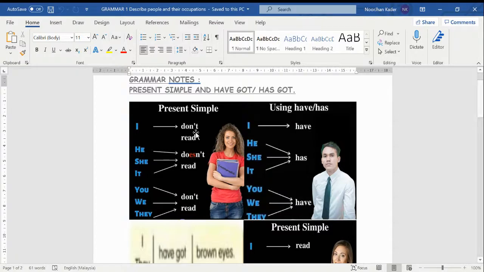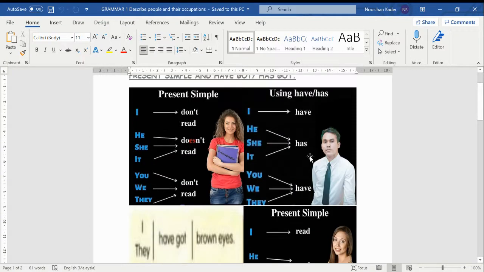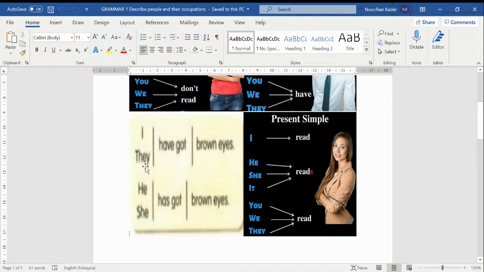First, present simple tense in negative verbs, then it will be followed by using have, has. Then I will show you how to use have and has with adding got, so it becomes possessive pronouns.